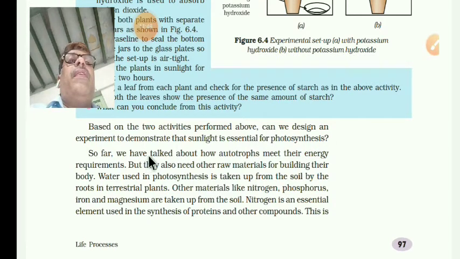So far, we talked about how autotrophs meet their energy requirements. Do you know what autotrophs and heterotrophs are? Autotrophs are organisms that use simple food material obtained from inorganic sources in the form of carbon dioxide and water. For example, green plants and some bacteria.